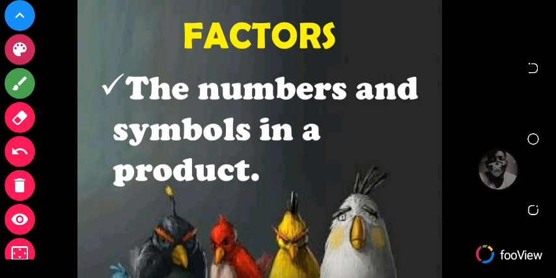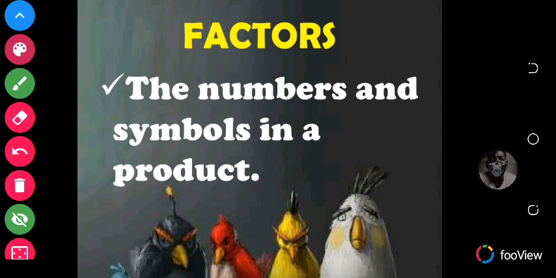Factors. I remember we did factors in class some time ago. Numbers and symbols in a product. That's the meaning of a factor. So when you have 8, factors of 8 will be 1, 2, 4, and 8. These are all things you'll be using in algebra.